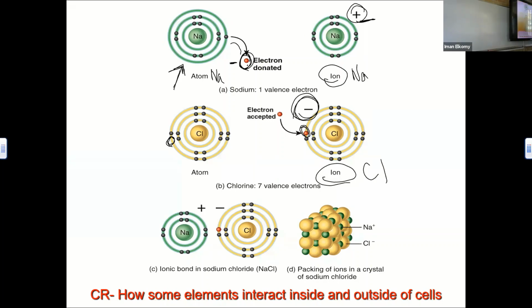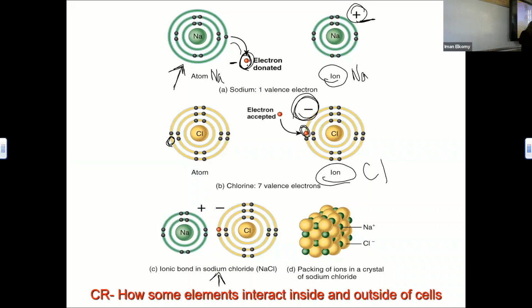Haven't you ever heard that opposites attract, right? Okay, it's true. Whenever you have something with a positive charge and something with a negative charge, they are drawn to each other. And so naturally, sodium and chlorine want to be friends. They want to be together and they want to form a compound. And that's exactly what happens here.